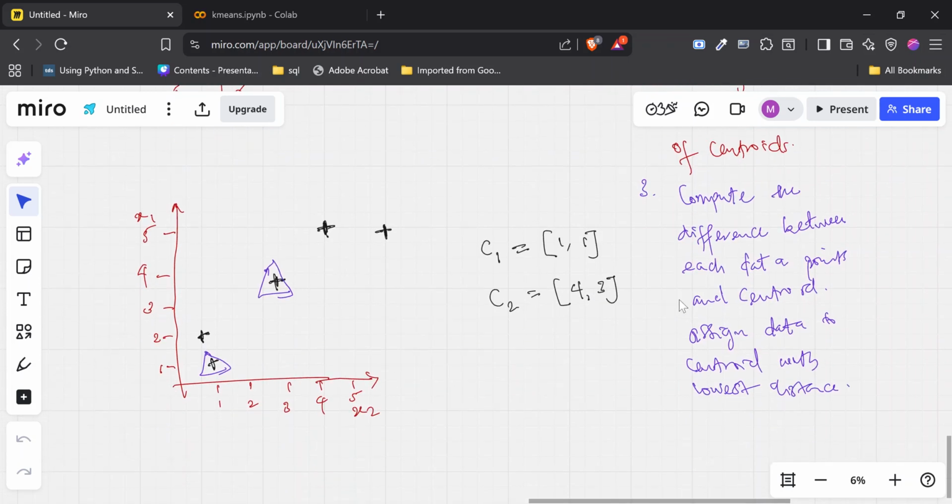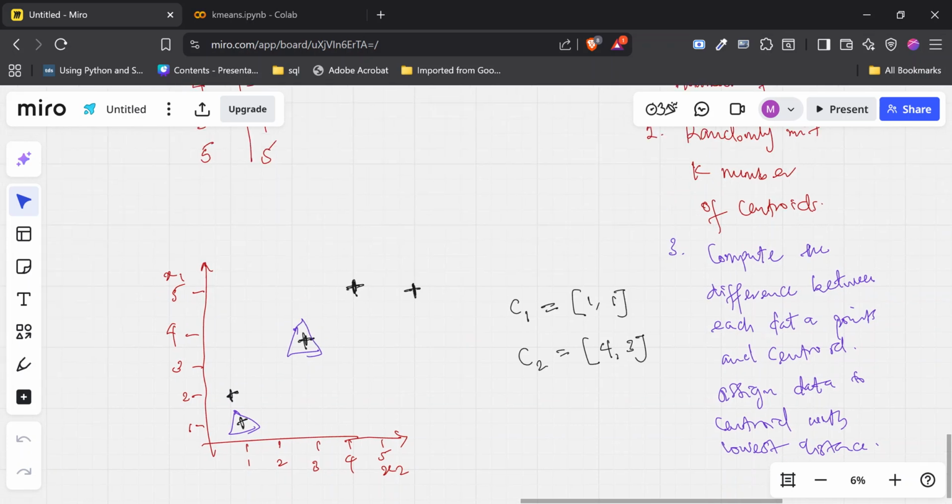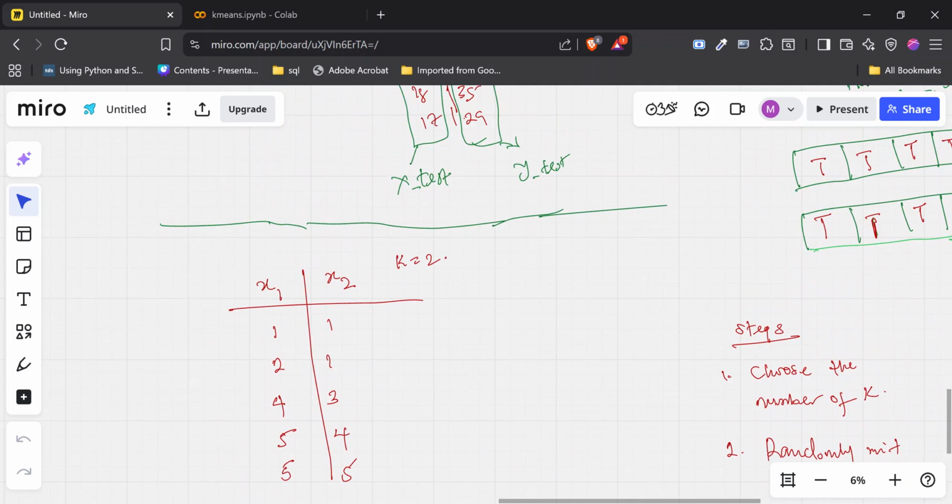So what does that mean? It means that we are going to compute the difference or the distance between each data point. That is, we're going to say this particular centroid, this triangle, how far is it from this point one? This is going to be 0. How far is it from this one? How far is it from this one? From that one. So it could be something like this. You can come here and say, let's call it D1.